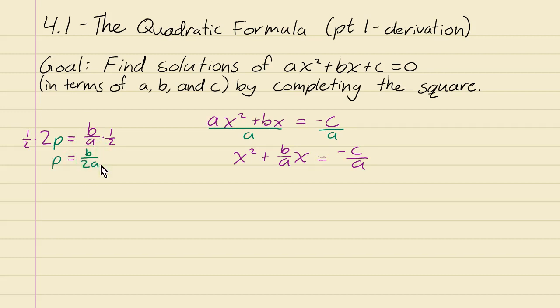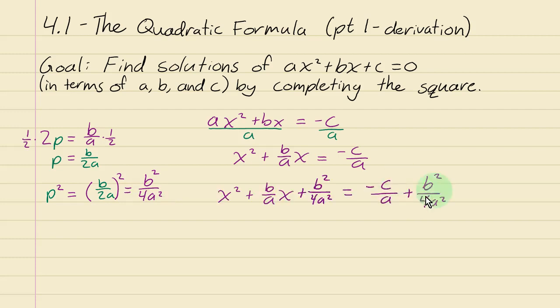So that's the p, and then we need to square that, which gives you b squared over 4a squared. And I need to add that to both sides. And that gives you this.